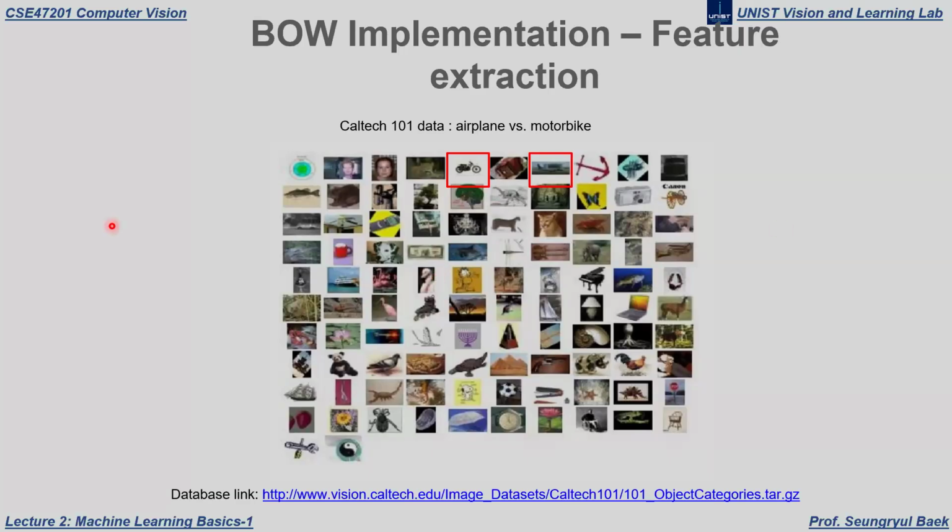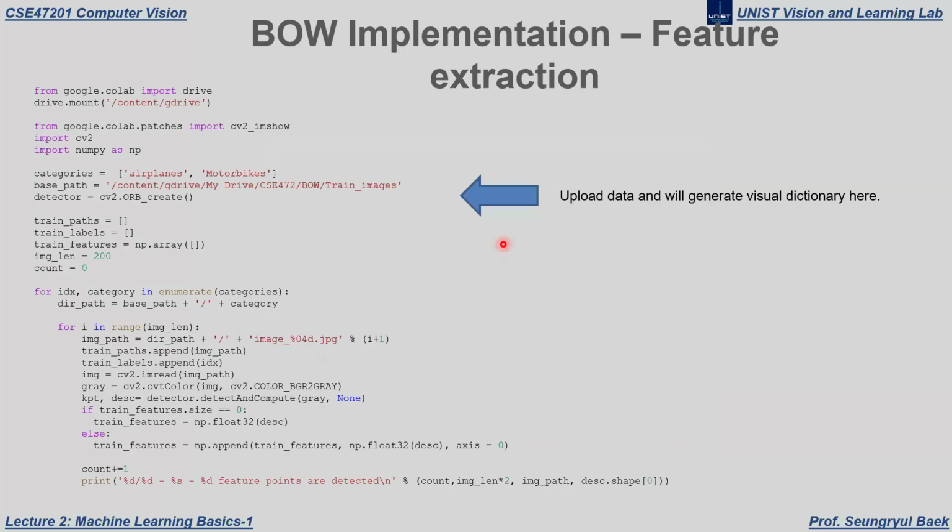Caltech 101 was proposed by Caltech and has 101 classes inside, so it is called Caltech 101 data. The images have one main object inside, so the aim for us using this data is to classify images according to their main object. And we will implement that using the BOW pipeline.